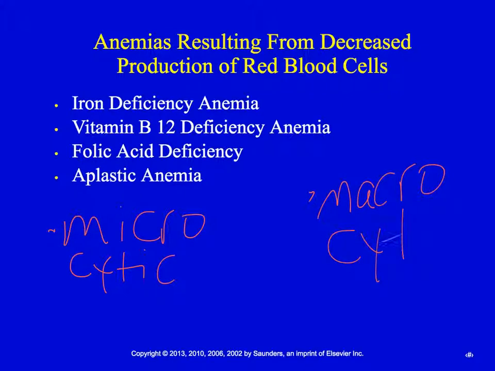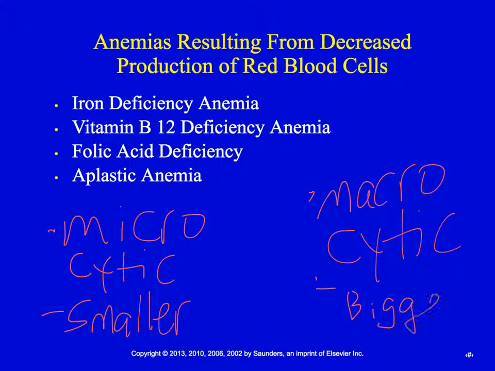Basically, a deficiency in a piece of the puzzle of producing a red blood cell will cause the cells to be smaller than normal, which makes them not as functional. The macrocytic type causes them to be bigger than normal, so they are abnormal and cannot act like red blood cells should.